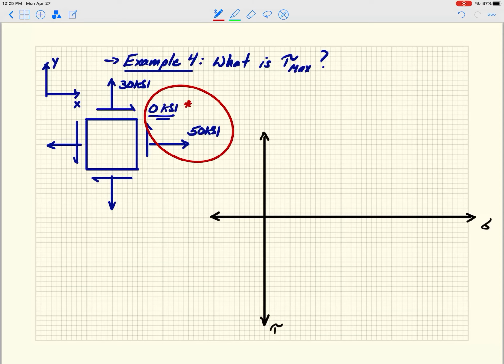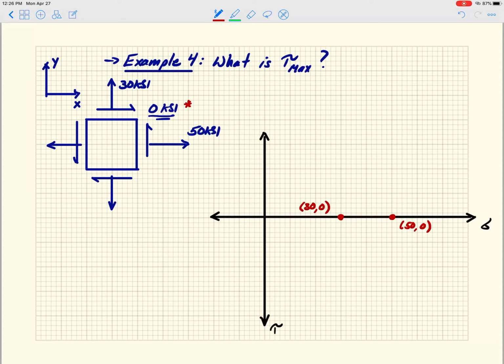So let me first plot these guys like we always do, right? So I'm going to come out here 10, 20, 30, 40, 50. So that's plotted right here. So this is 50, 0, right? And then I'm going to go up and plot 30, minus 0, which is basically still 30, 0. Right?